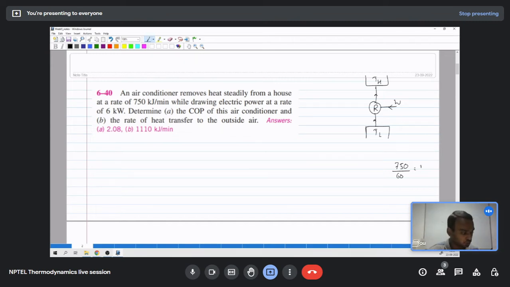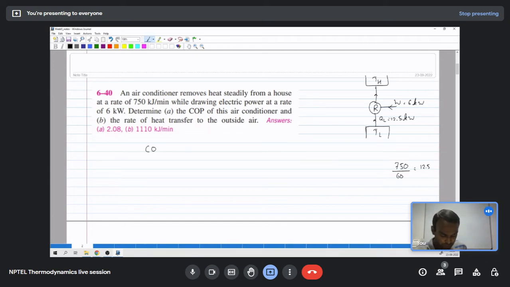So this is 12.5 kilowatt. So QL, which is removed from the air conditioned room, is 12.5 kilowatt, and W is given as 6 kilowatt.